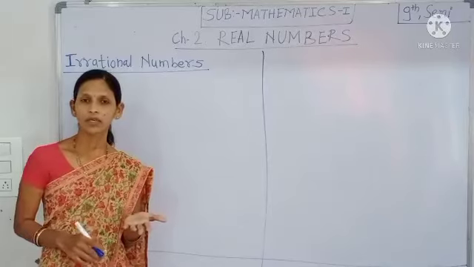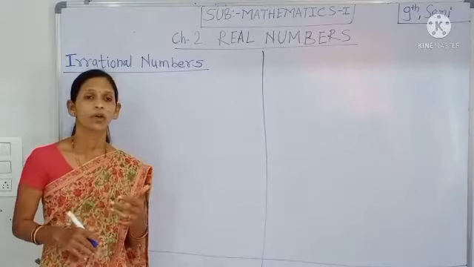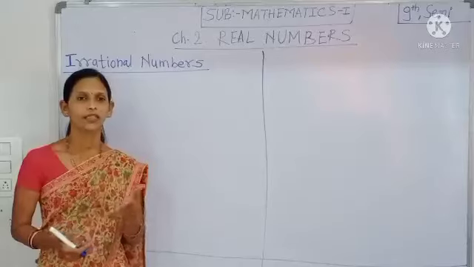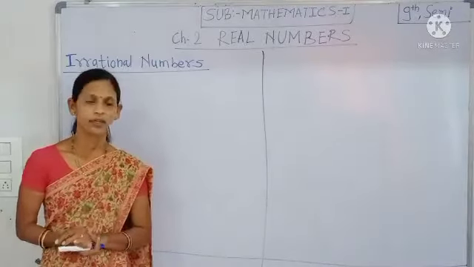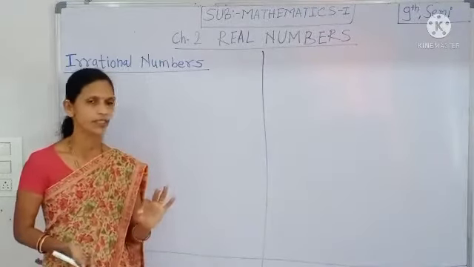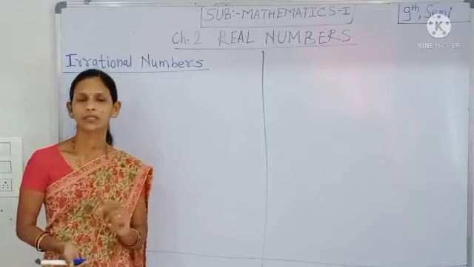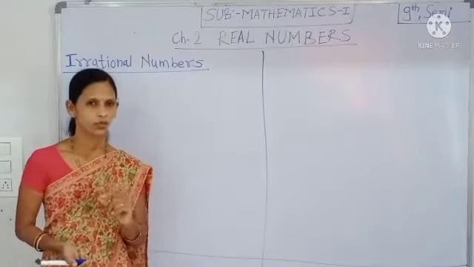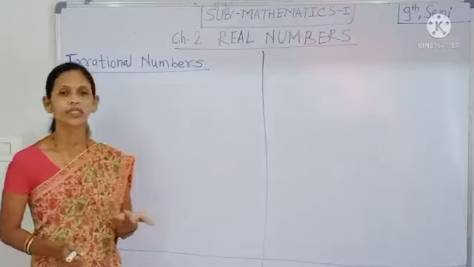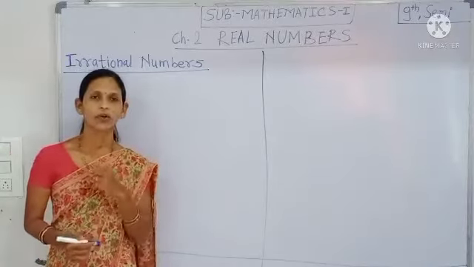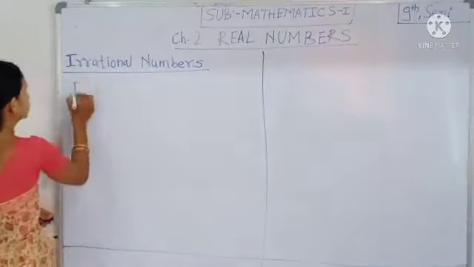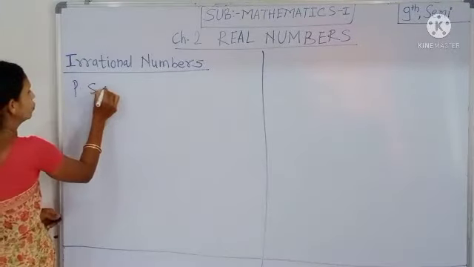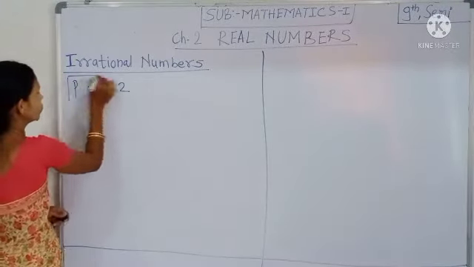The rational numbers we have already represented on a number line, and we can represent irrational numbers on a number line also. One example from practice set 2.2 I am going to discuss with you.